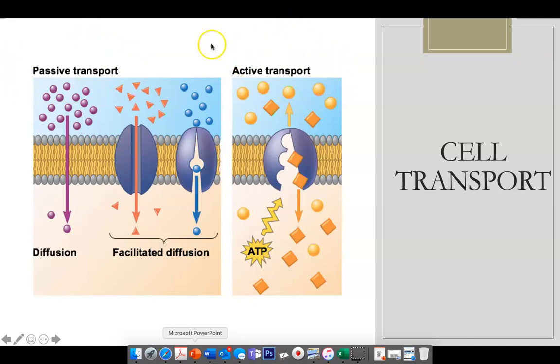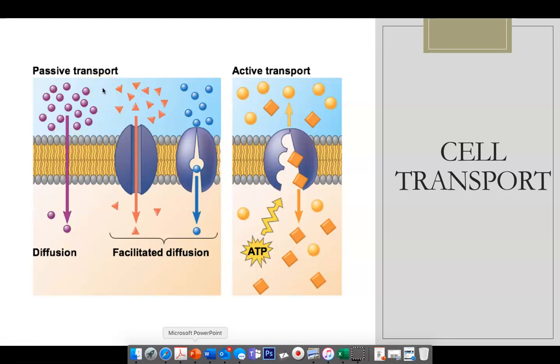Now, the difference between the two has to deal with the concentration gradient, or the difference in particles across the membrane and the way in which they move. Whether or not there is an energy requirement is also one of the differences. So with passive transport, you're going to have three modes.